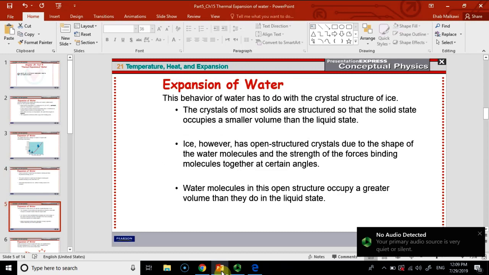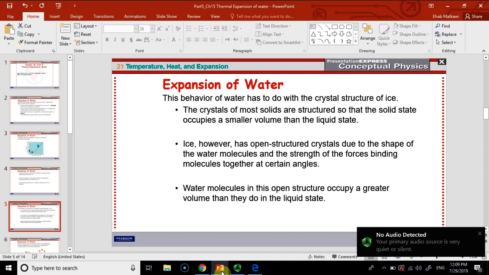Now you may wonder why water is behaving this way. In fact, it has to do with its crystal structure. The crystals of most solids are structured so that the solid state occupies a smaller volume than the liquid. However, ice has open structured crystals due to the shape of the molecules and the strength of the forces binding these molecules.